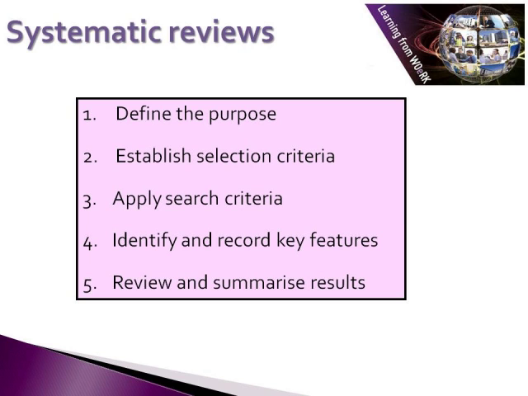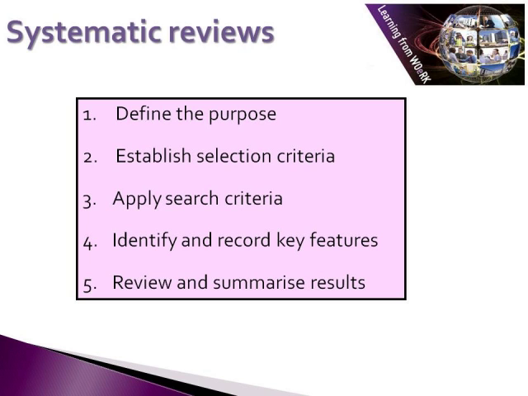A systematic approach to reviewing literature adopts procedures to the review process and tries to lessen the presence of potential researcher bias. In this way, it is often used where research is used for decision-making purposes, and this is particularly within the field of health research.